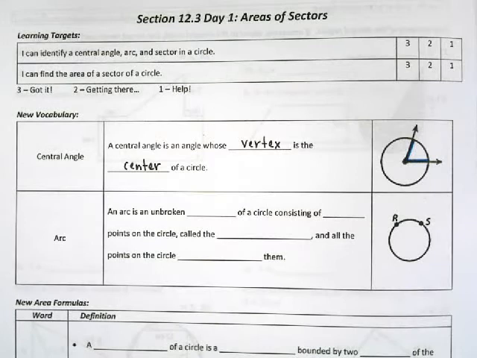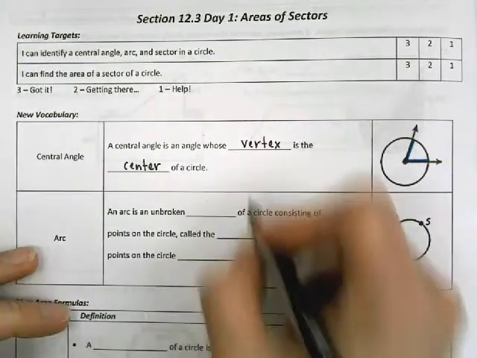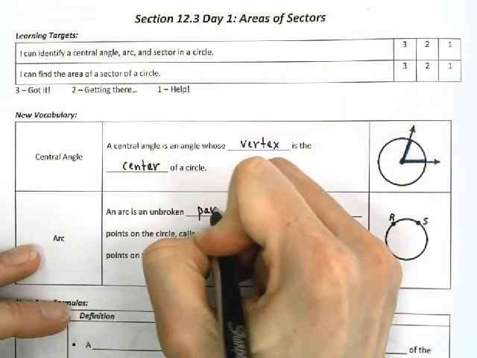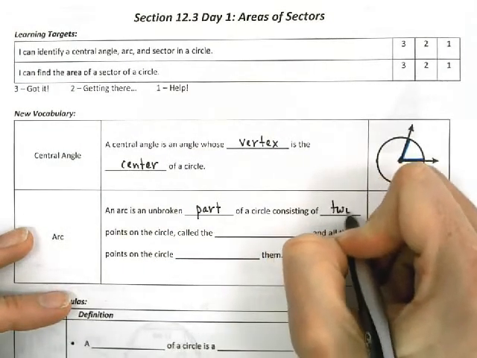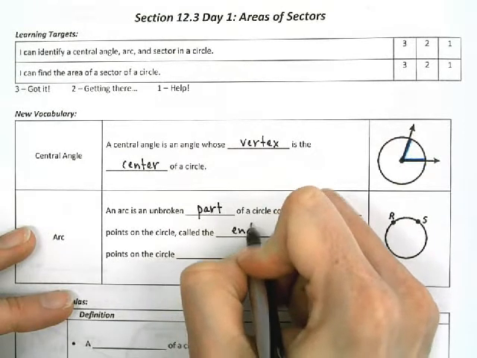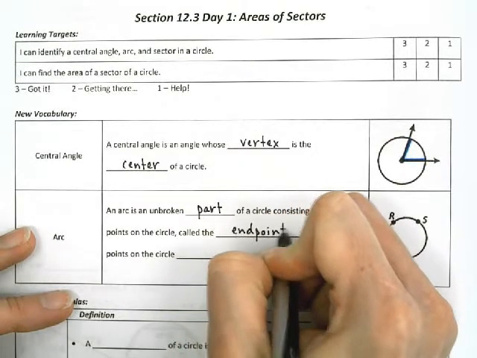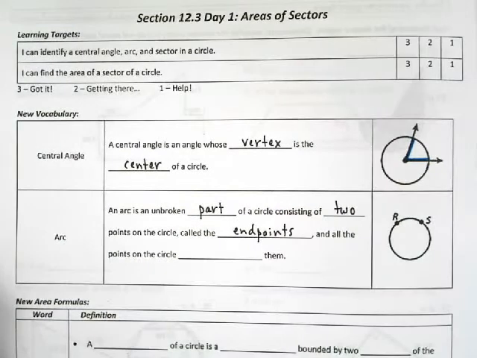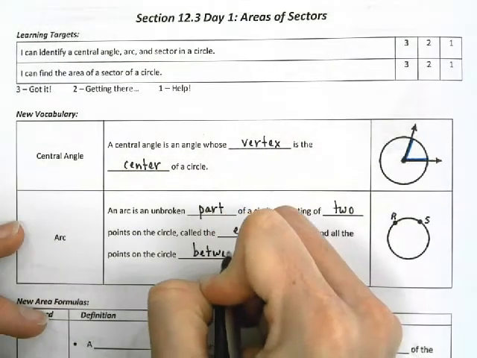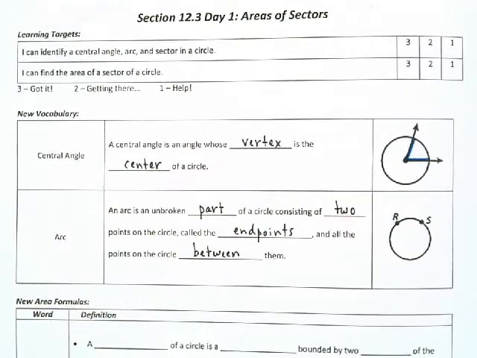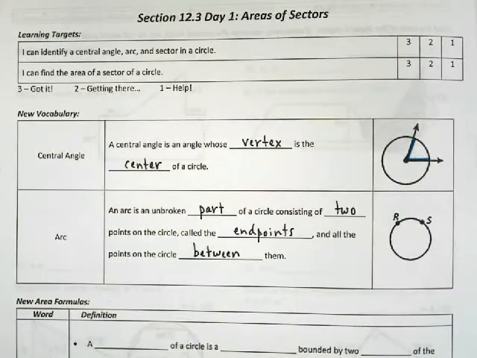Okay, next we have arc. So an arc is an unbroken part of a circle consisting of 2 points on the circle called the endpoints, and all of the points on the circle in between them. So in this case, I can identify 2 different arcs.